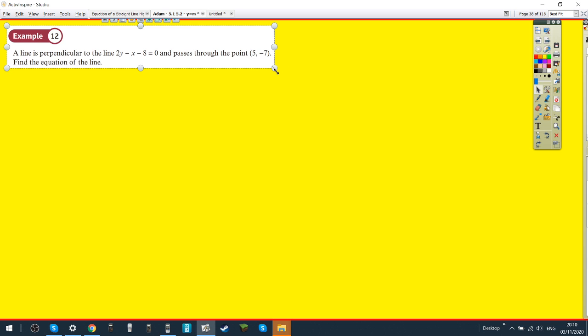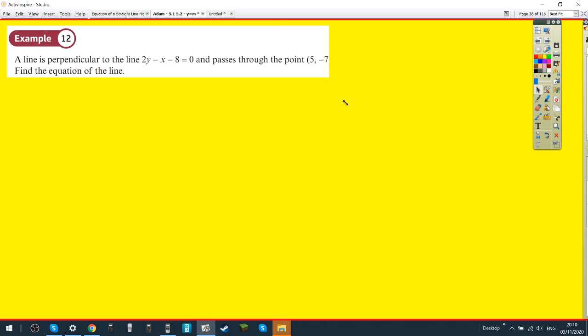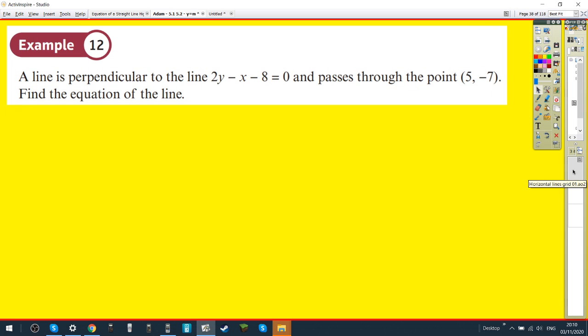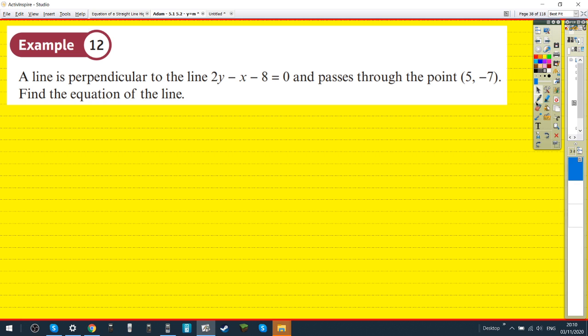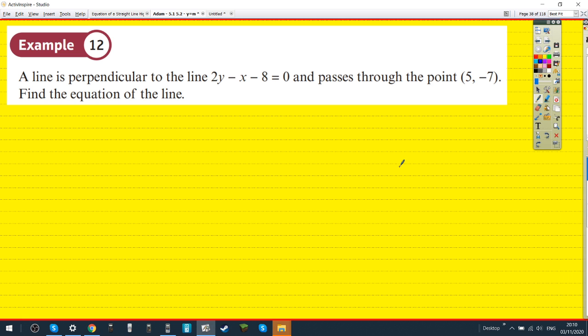Okay. How do we do this? So you'd minus 2y on both sides, so it'd be minus x minus 8 equals minus 2y. And then you divide both sides by minus 2.